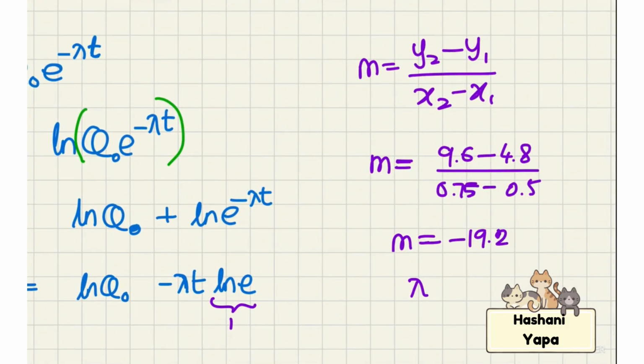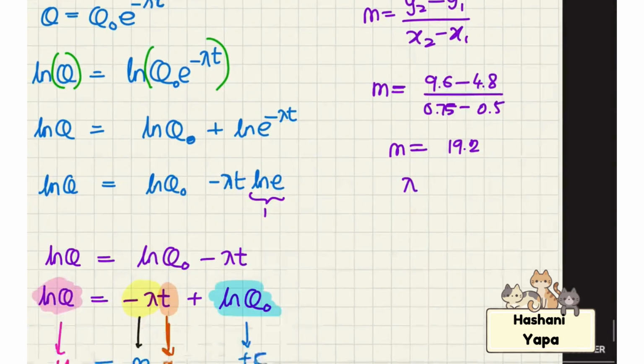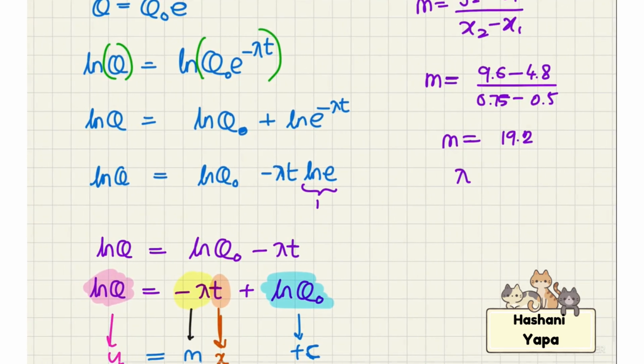It is actually plus 19.2, not minus 19.2. So minus lambda is equal to 19.2, which means lambda will be equal to minus 19.2.